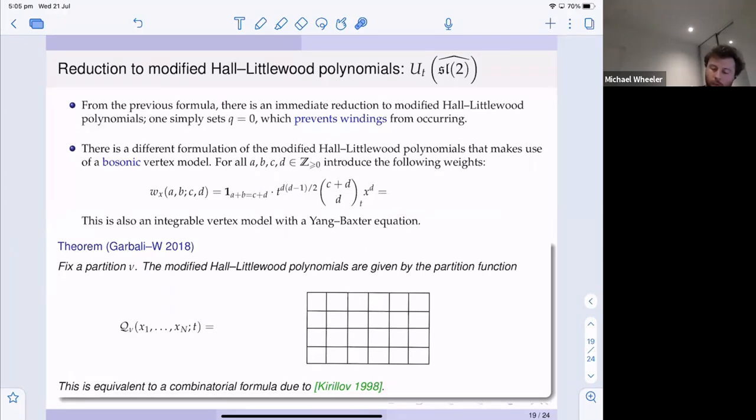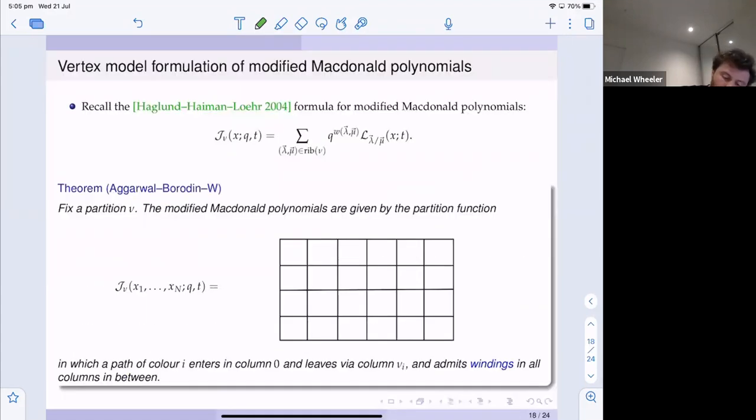There's a first formula for the modified Hall Littlewood where the underlying thing is really U_q of SL_n hat. And you get some vertex model formula for them, and maybe I'll just sketch it on this one here. So effectively what happens is you have all of your particles, they're all different colors, and they all enter in this column here.